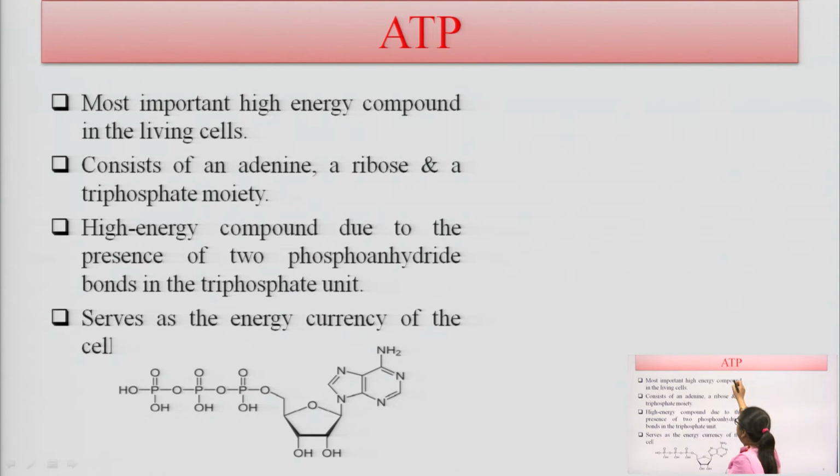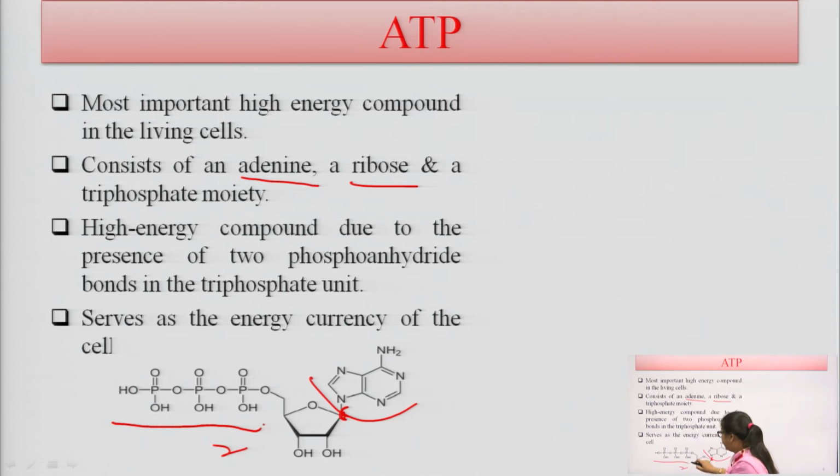So, ATP, as the name itself says, is adenosine triphosphate. Adenine is reacted with the ribose sugar and a triphosphate moiety. This is the structure of ATP. Here, the adenine is attached at the first carbon of the sugar moiety, and the fifth carbon of the sugar is attached to the high energy phosphate bonds. That is, 3 phosphate groups are attached here to form an ATP molecule.